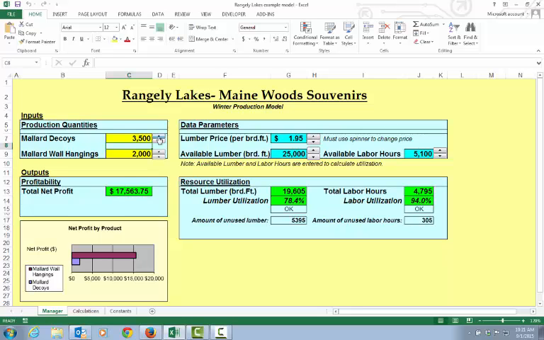And this worksheet has some features built into it. So if you notice, under the lumber utilization and labor utilization reports, it's got the indication of OK, which means you have some amount of board feet remaining, or you've got some amount of labor hours remaining.